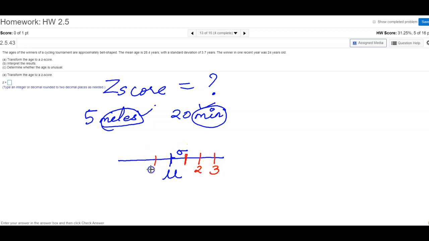If my z-score is -1, I am 1 standard deviation below the mean. If my z-score is -2, I'm 2 standard deviations below the mean. So the positive sign tells you you're above the mean. The negative sign tells you you're below the mean.